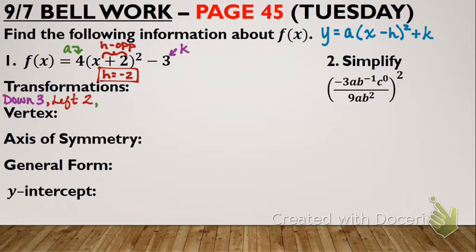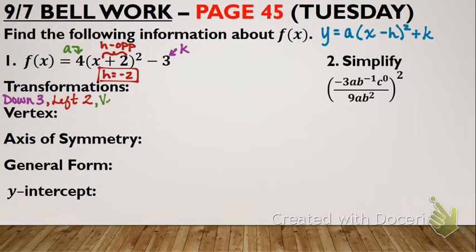And what about the A value? Vertically stretched, yes. What kind of number would I be looking at if it was a compression? A decimal or a fraction for a compression. Any numbers that are farther away from 0 than 1, whether it's positive or negative, if it's bigger than 1, it's going to be a stretch.